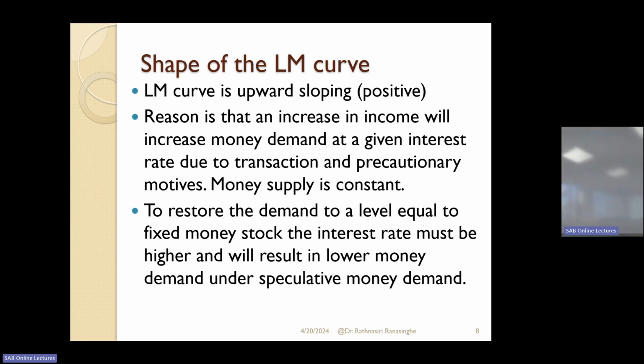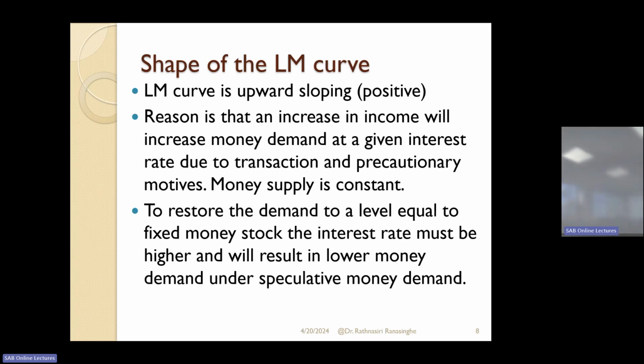Lastly, the LM curve, can you remember the LM curve? We derived the LM curve based on the money market equilibrium. As we discussed, the LM curve represents the money demand and the money supply, and it's upward sloping.